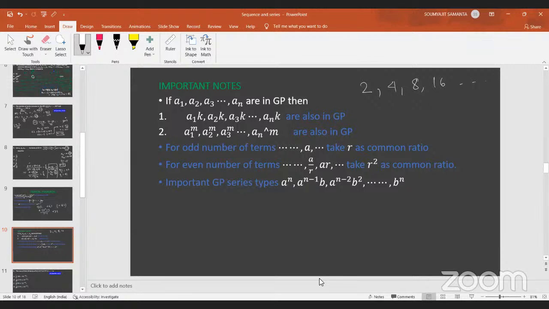Now take the value of m as 3. Are the resulting terms forming a GP? Obviously, because 4 by 2 with exponent 3 will become 2 power 3. Similarly, 8 power 3 divided by 4 power 3 will also become 2 power 3. So the common ratio is the same, so they will form a GP.